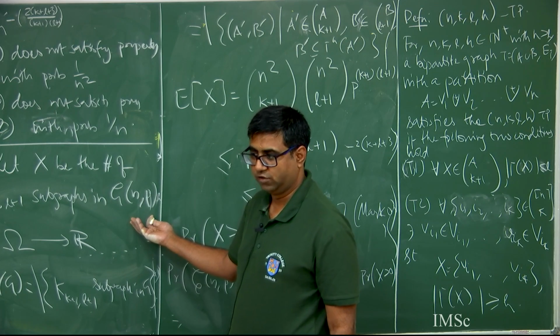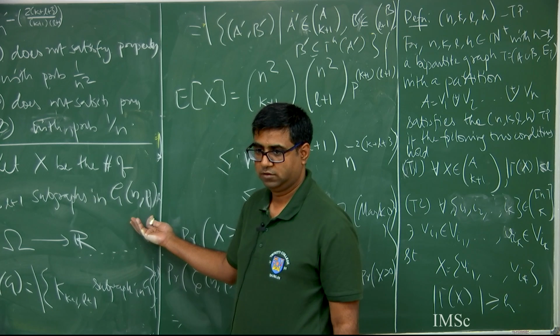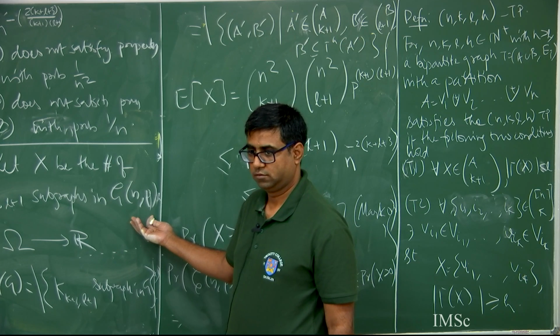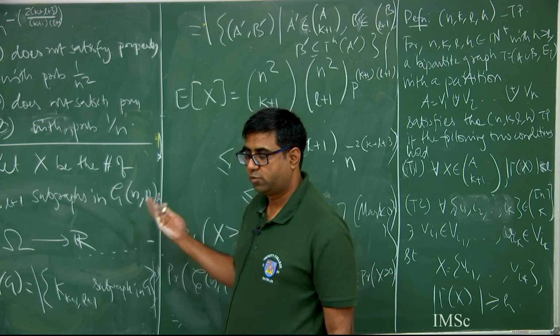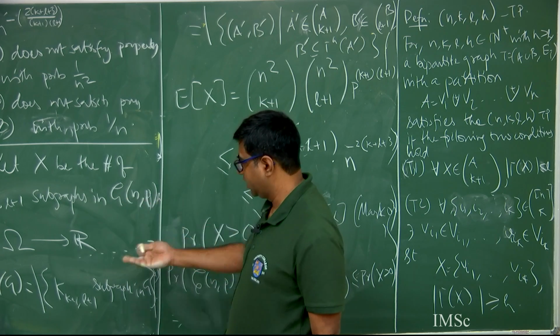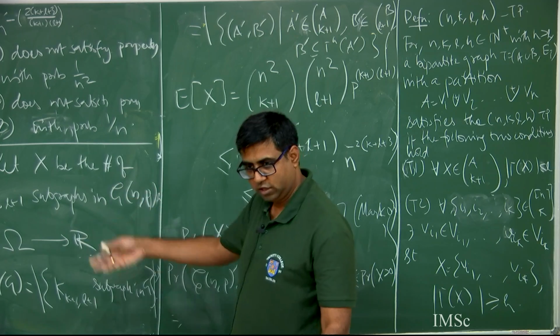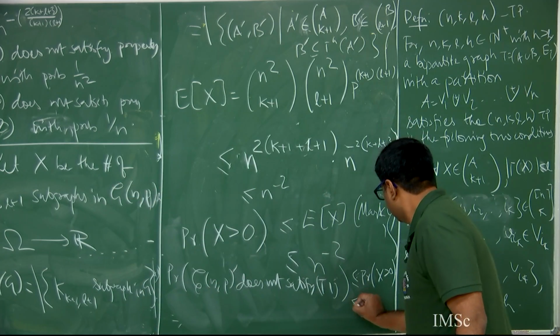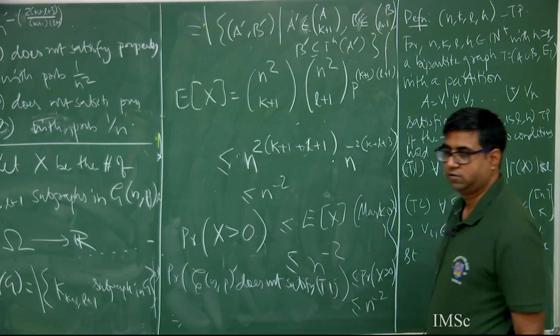If x is greater than 0, it means there is some graph, right. What is the probability x greater than 0? It means it basically counts probability over all those objects where you have this kind of thing. This is n minus 2, right.